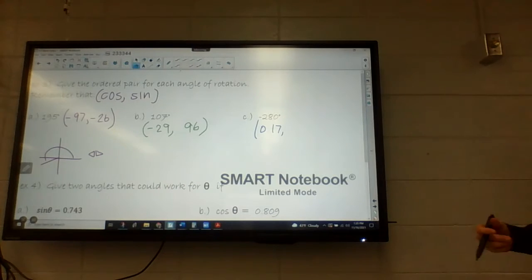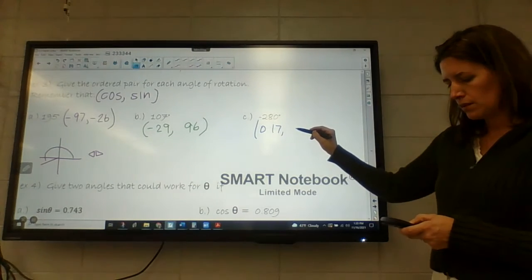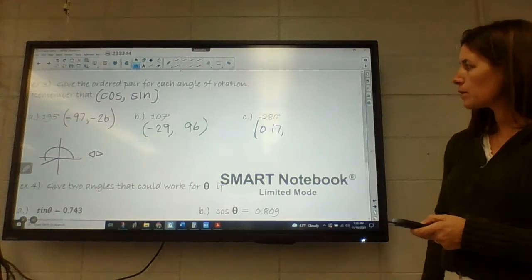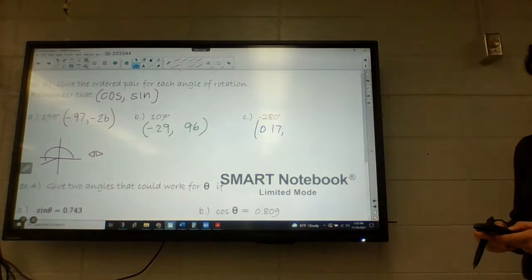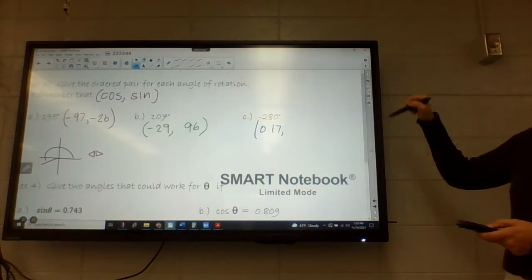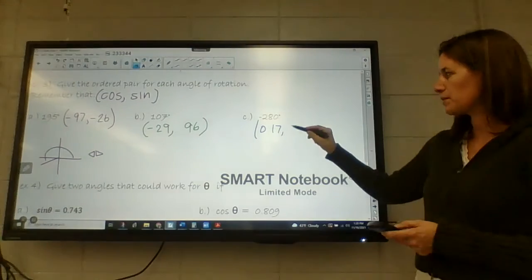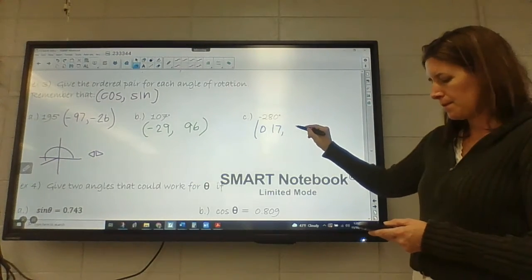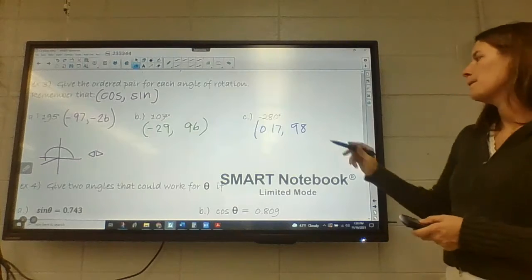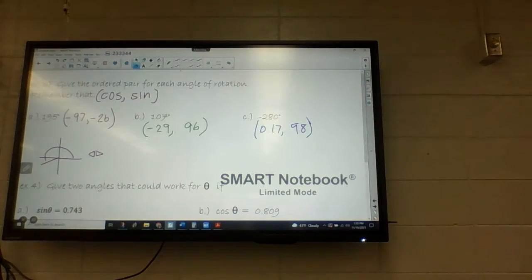Oh no, it should be in the first quadrant. It spins around. Sorry, I was picturing positive 280.